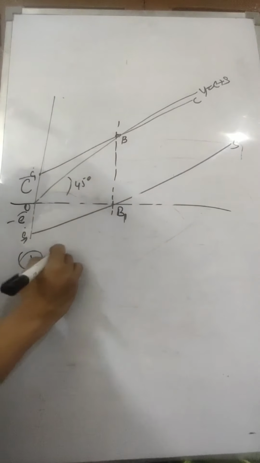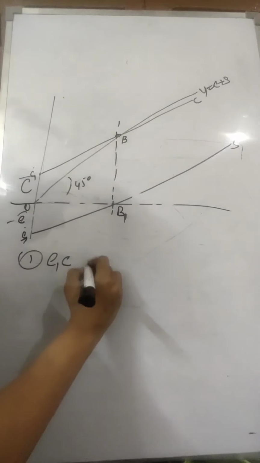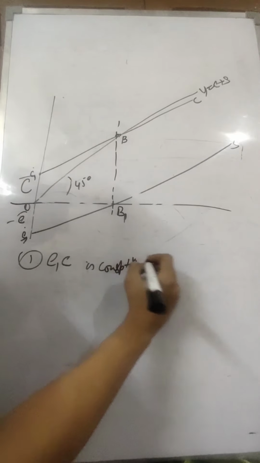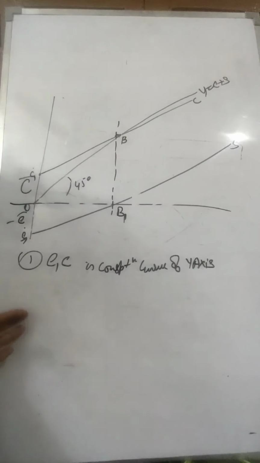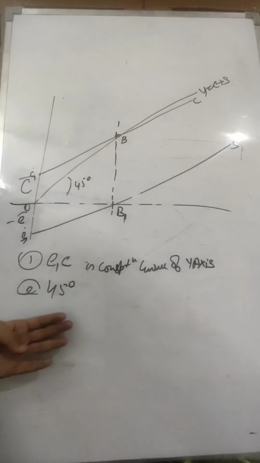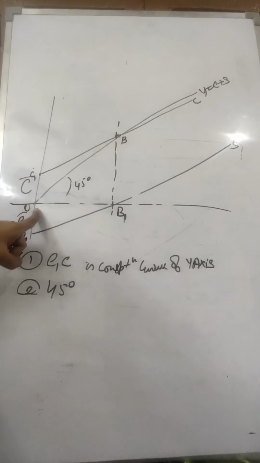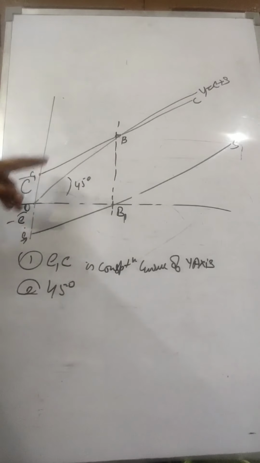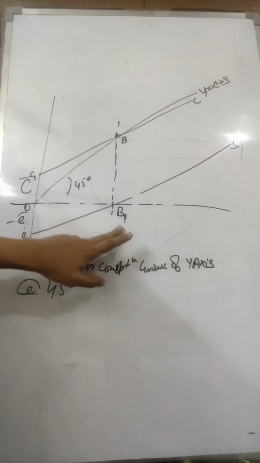My first step: C1C is the consumption curve on the y-axis. My second step: I will draw a 45-degree line from the point of origin that I have marked with O, which intersects C1C at point B. Then I will draw a perpendicular from point B to B1.